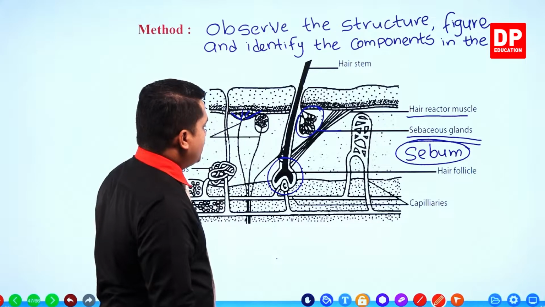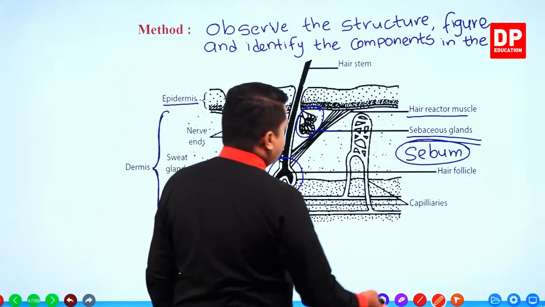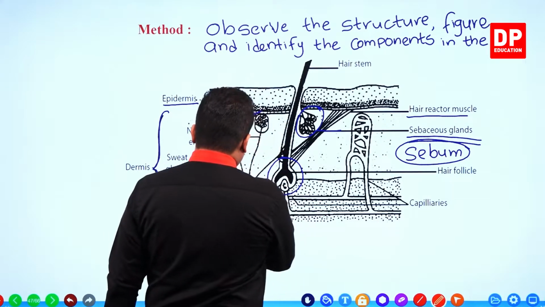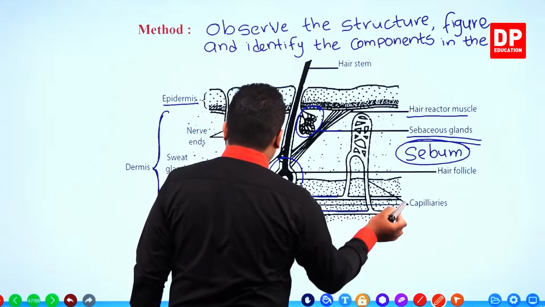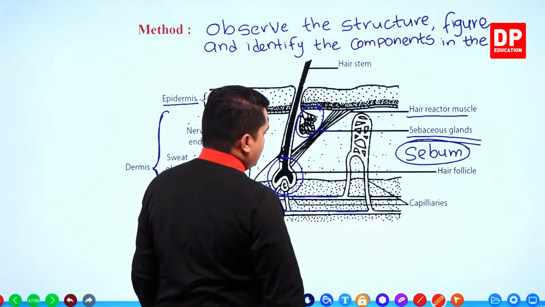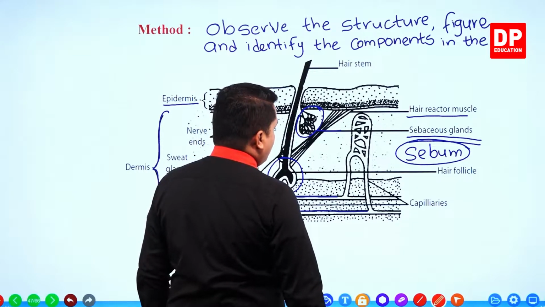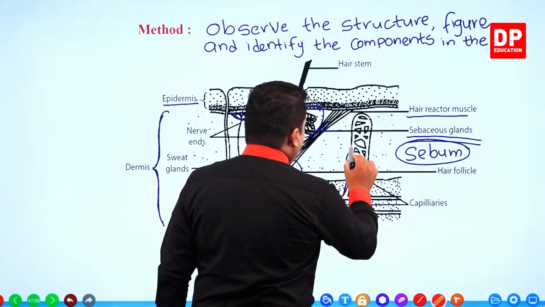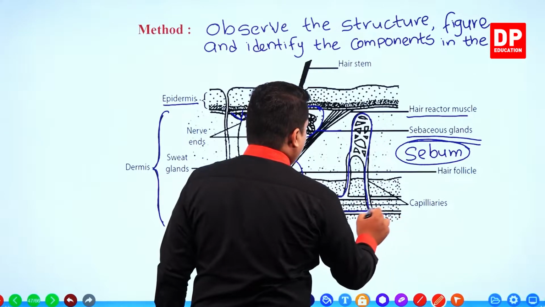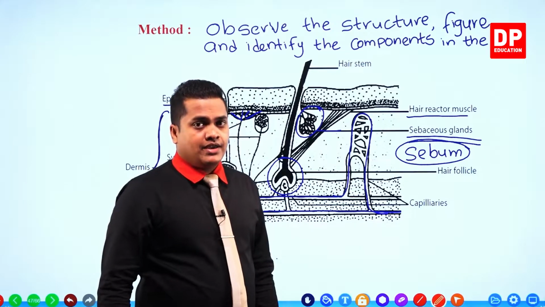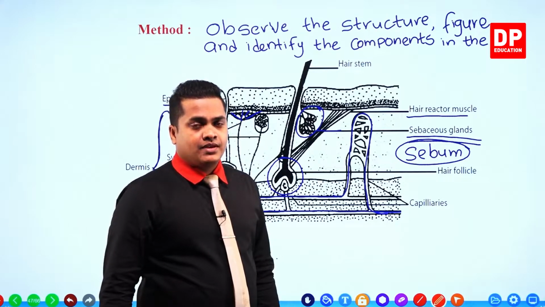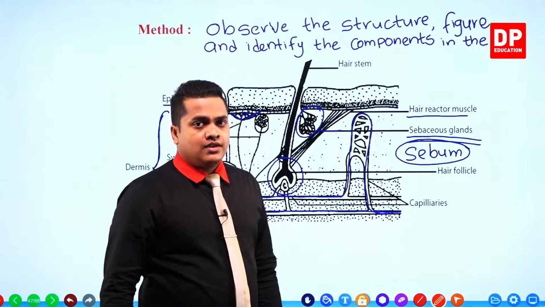Then after that, my dear children, you can observe the capillaries that run through the dermis like this. Capillaries help to provide the blood supply necessary for the skin. Blood capillaries, right?